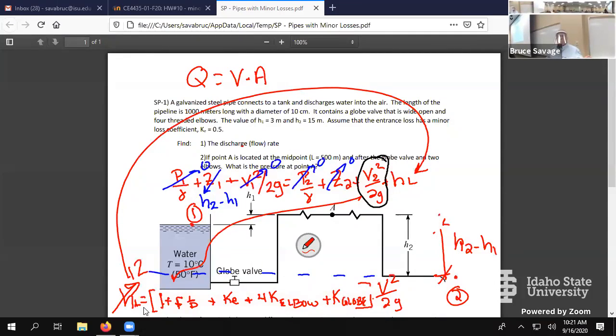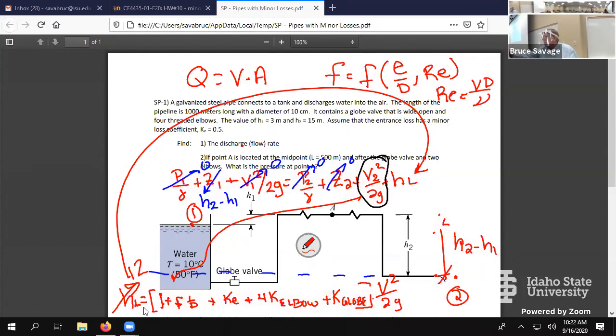Because the friction factor is a function of epsilon over D and the Reynolds number, and we don't have the velocity or the Reynolds number yet. Can you just get the epsilon from the table? Yes, we have epsilon. So we know that f is a function of epsilon over D and the Reynolds number. The Reynolds number equals the velocity times the diameter divided by the kinematic viscosity. So we know epsilon over D, we're good there.